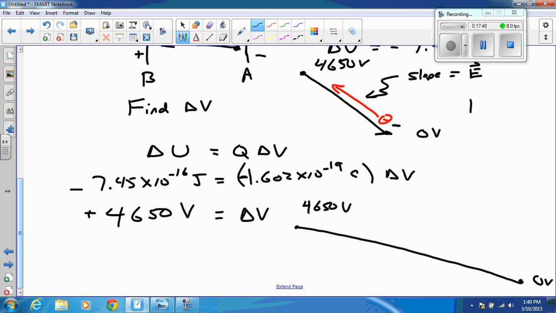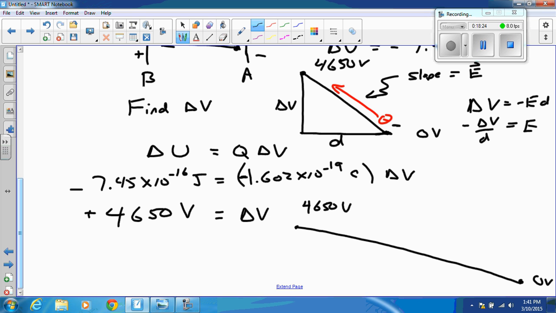Because the equation runs delta V equals negative ED, so that if I divide both sides by negative D, neglecting the negative sign here, I get delta V over D, and in my diagram, D is that distance right there, and delta V is the change in voltage right there. That's the slope. So the slope here tells us the value, the magnitude of the electric field between them.